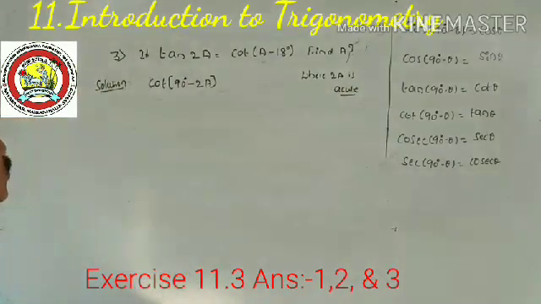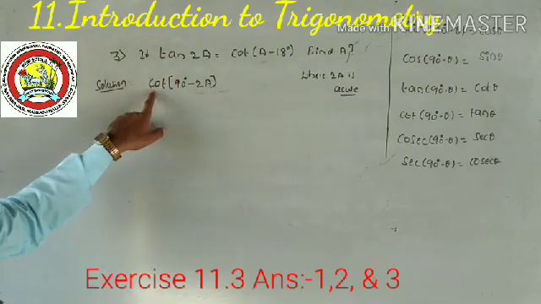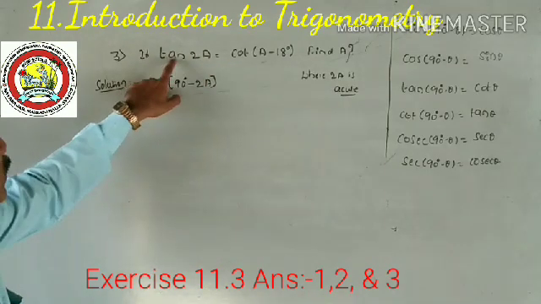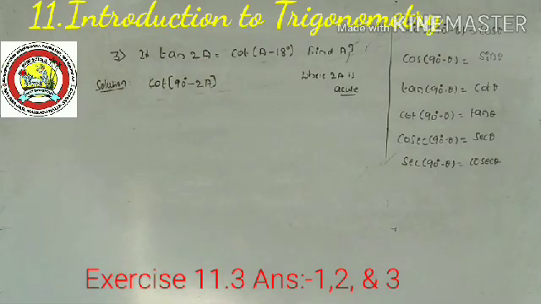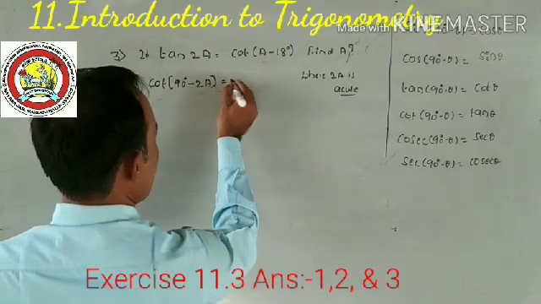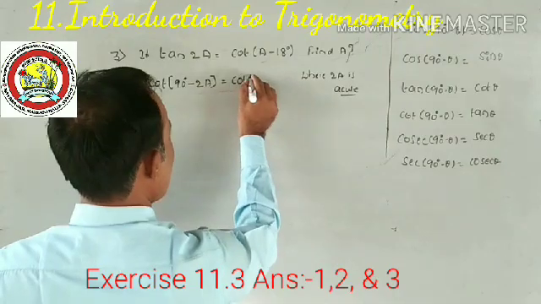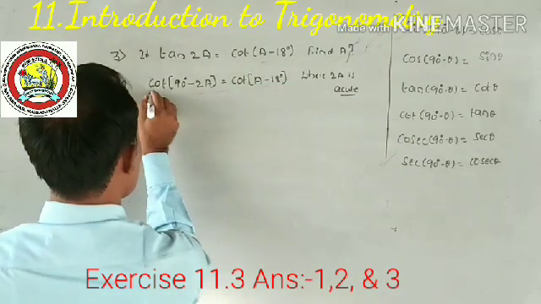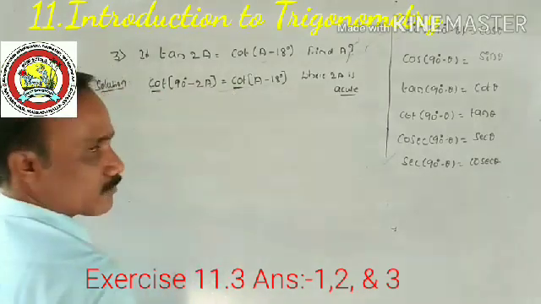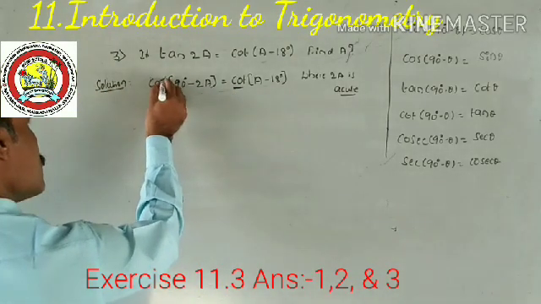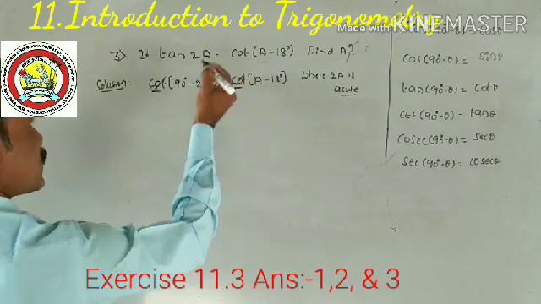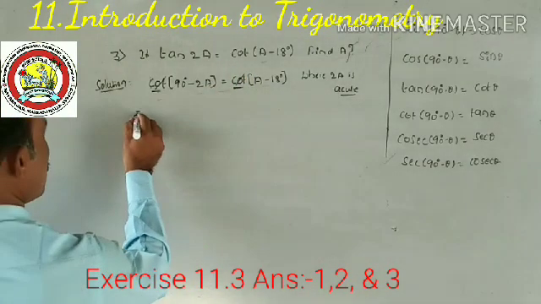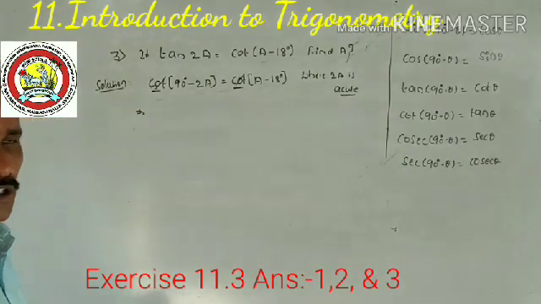Tan changes to cot, and cot of 90 minus theta is tan theta, with theta meaning 2a here. The other side, cot of a minus 18 degrees, keep as it is. Now both are in terms of cot. Just keep in mind, you have this chapter in higher classes, but now this knowledge is enough. So on both sides cot cancels.